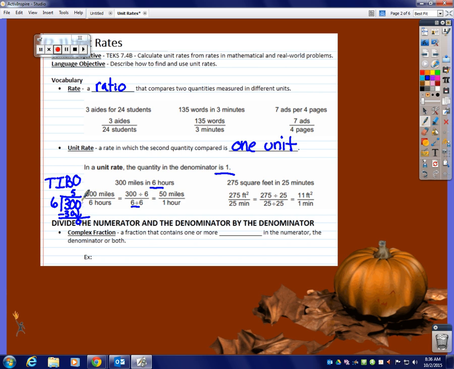And 6 cannot go into 0. So you get 50. And you can write it like this: 50 miles per hour, or 50 spelled out miles per hour.